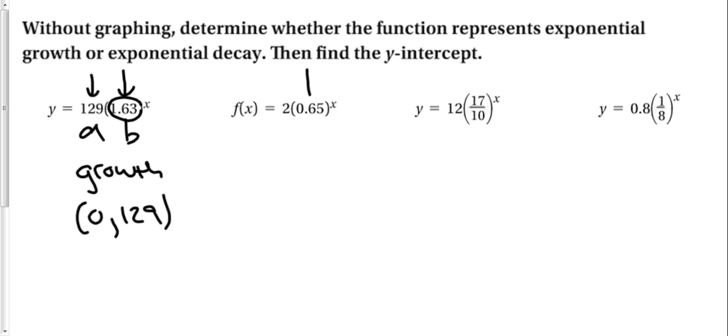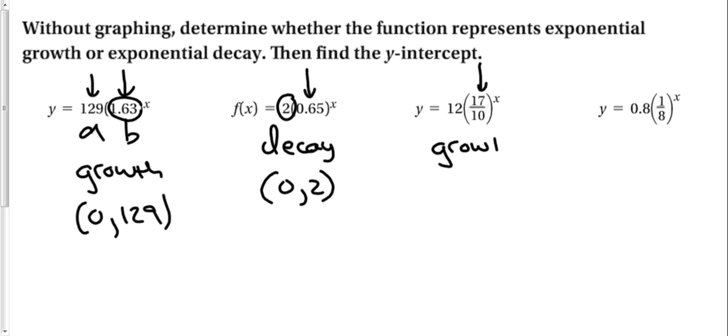So for this function, that number right there, 0.65, tells us that it is decay. And the 2 tells us our y-intercept is (0, 2). All right? For this one, notice that even though it is a fraction, it is still greater than 1. So this represents growth.